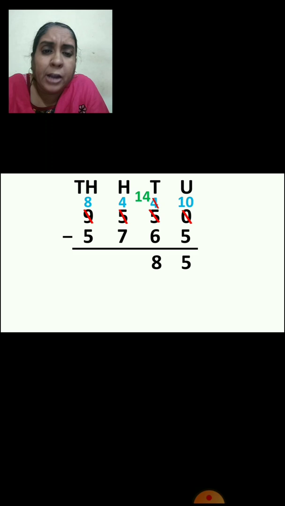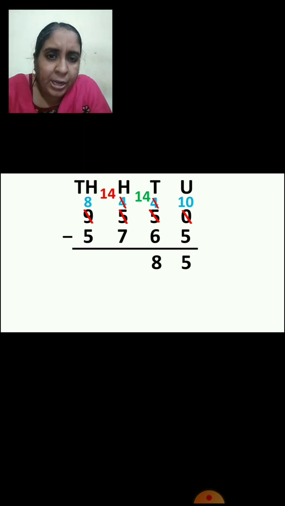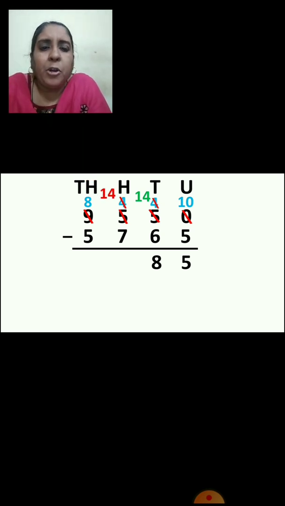So you will cut 4 and what will come in hundreds place now? 14. Yes, very good. Now you can subtract. 14 minus 7 is how much? 7. Yes. Now we will see thousands place. 8 minus 5 is how much? 3. So what is your answer?